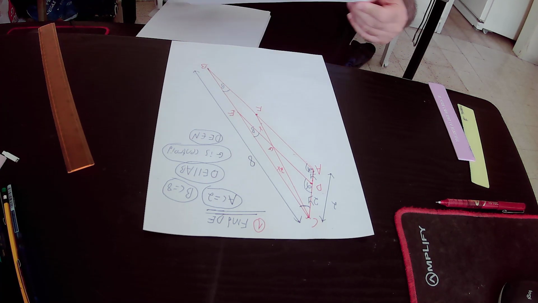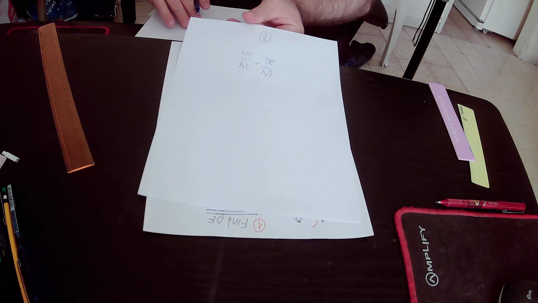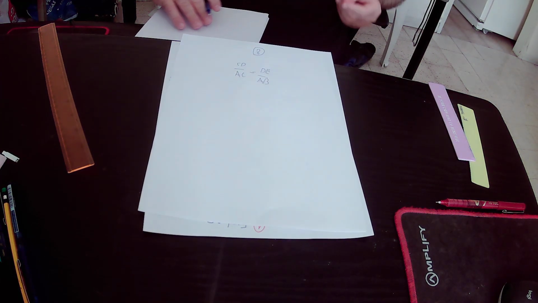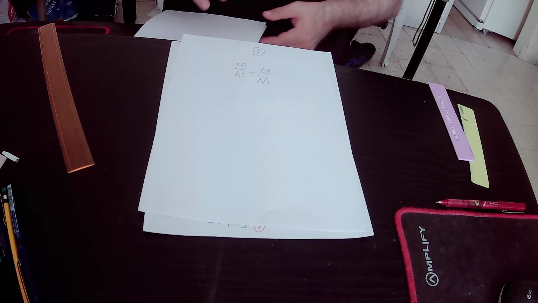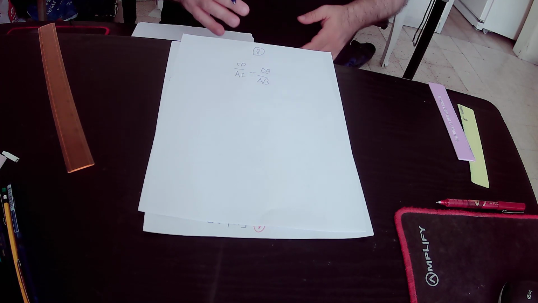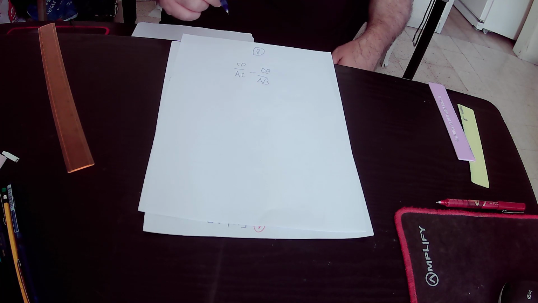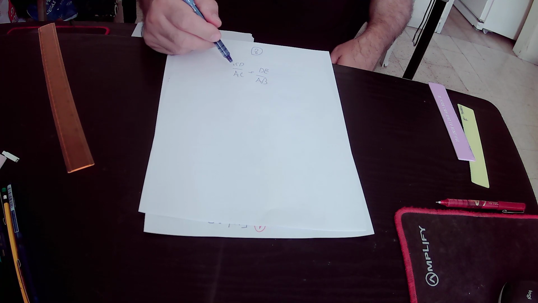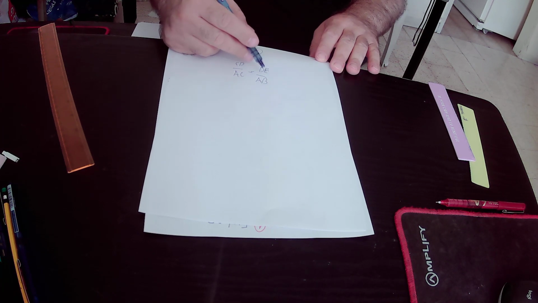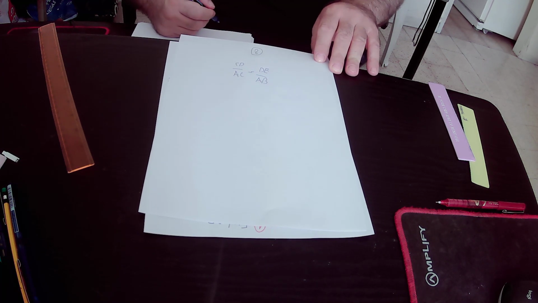Again, because triangle ABC is similar to triangle CDE, we can conclude that this relationship exists between the sides of the similar triangles. That is to say, CD over AC equals DE over AB. Okay?